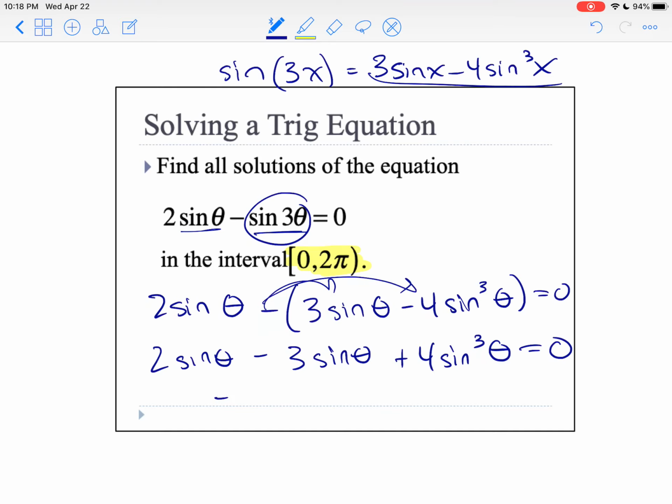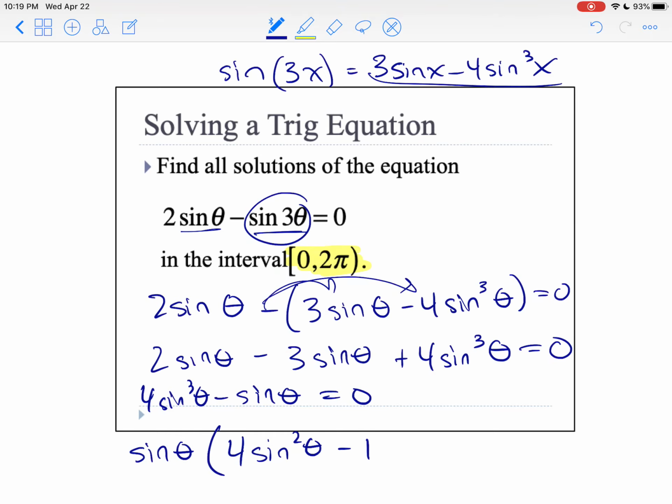So that's negative sine of theta. And I have this 4 sine cubed theta. I'm going to write that out in front because it's going to make this easier to solve. Notice I have a sine theta in both terms, so I can factor that out. That leaves me with 4 sine squared theta minus 1 equals 0.